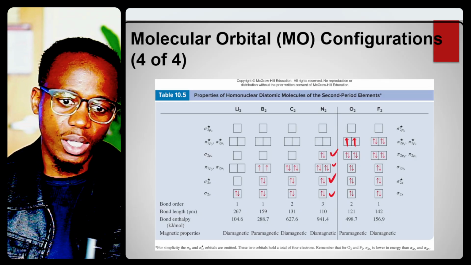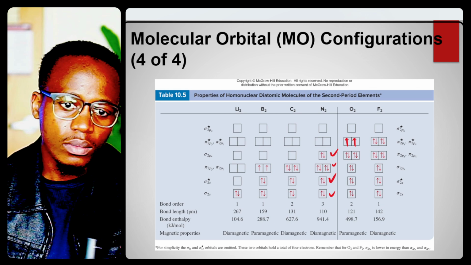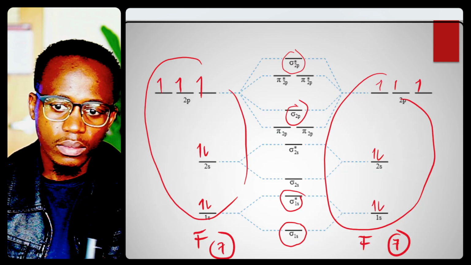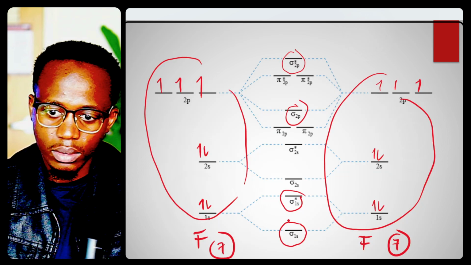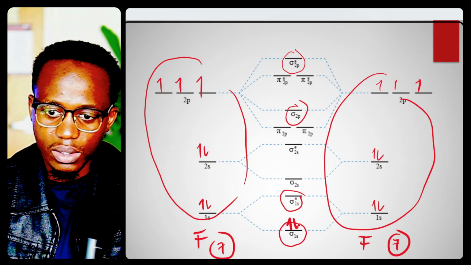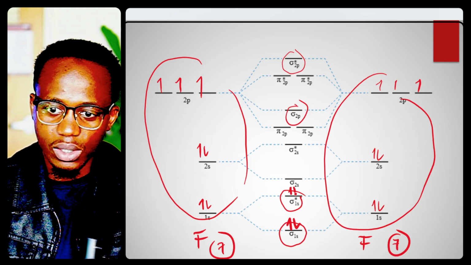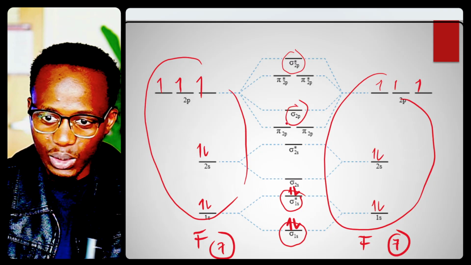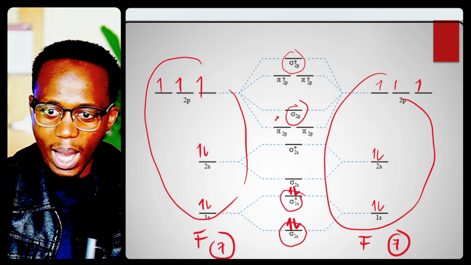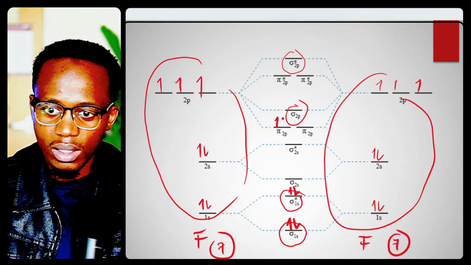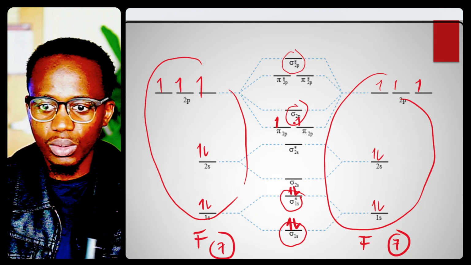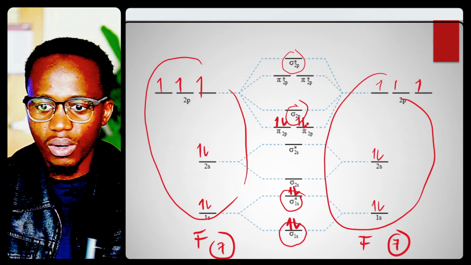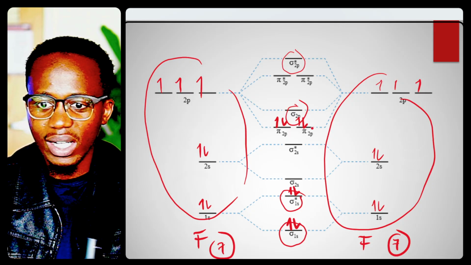So for sigma, give it 2 electrons, sigma non-bonding, 2 electrons. And then we're going to go to pi, 1 2 3 4, right? So we have 1 2 3 4 5 6 7 8.